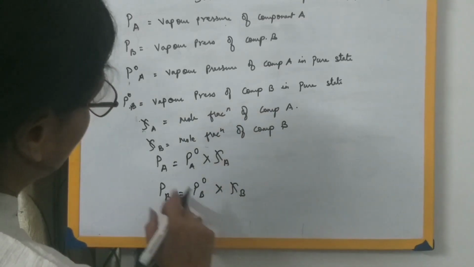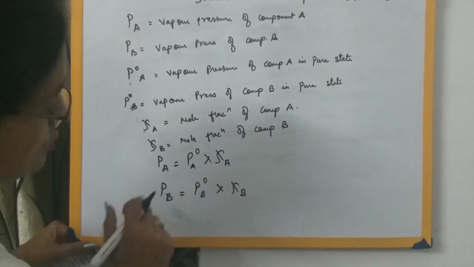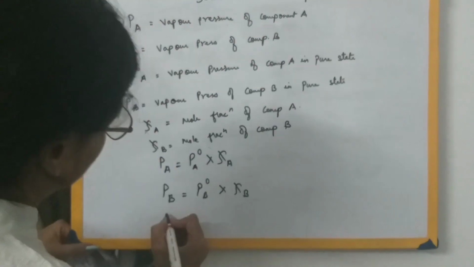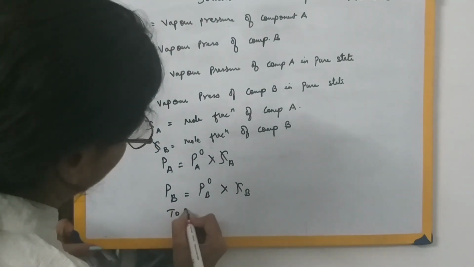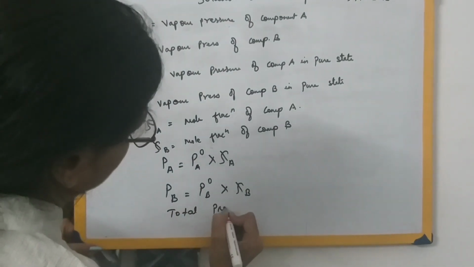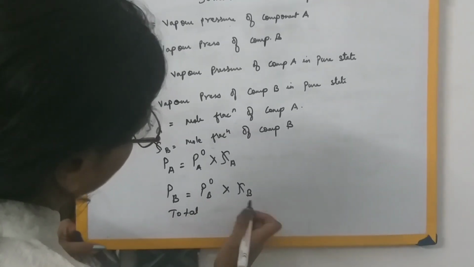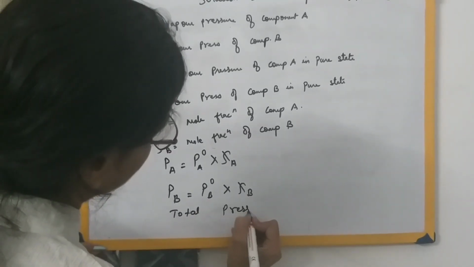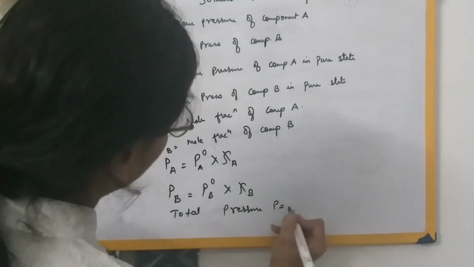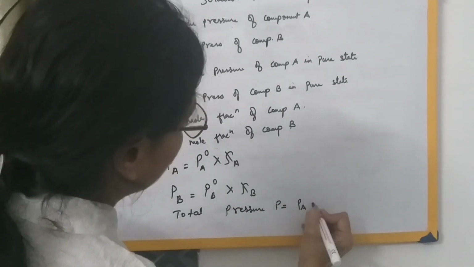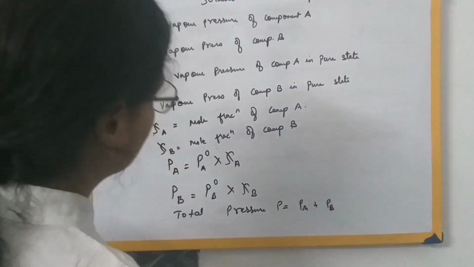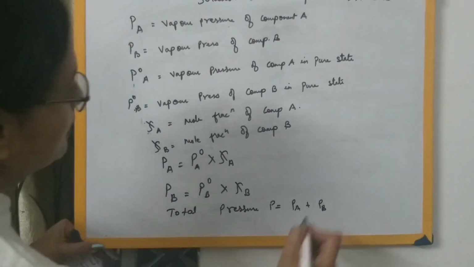So these are the partial vapor pressures of A and B, and total pressure, let us consider, that is total pressure. Therefore, total pressure P will be PA plus PB. So what we will be doing over here?